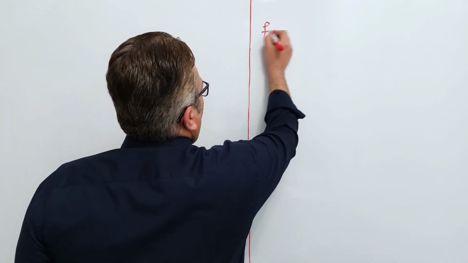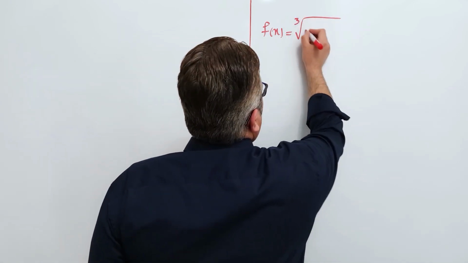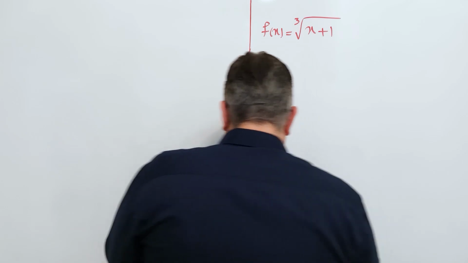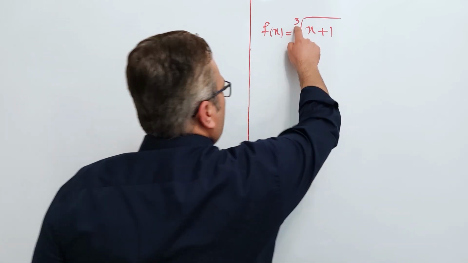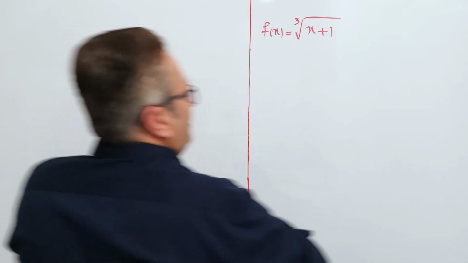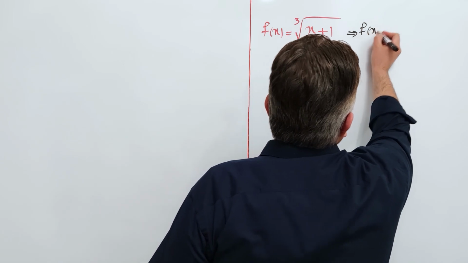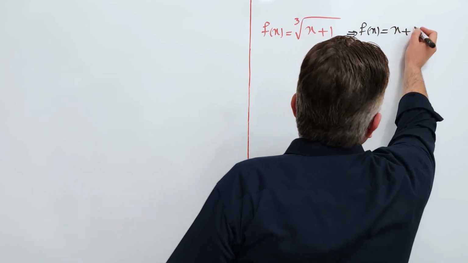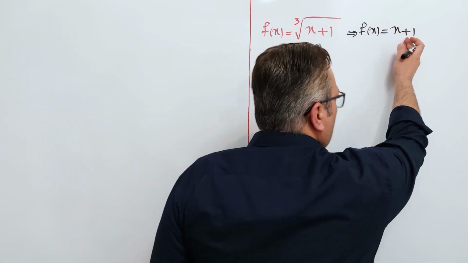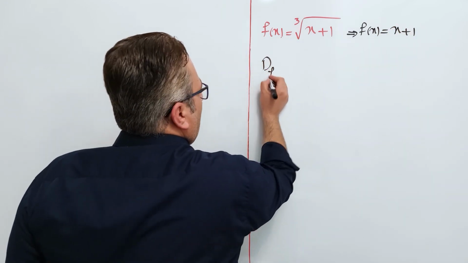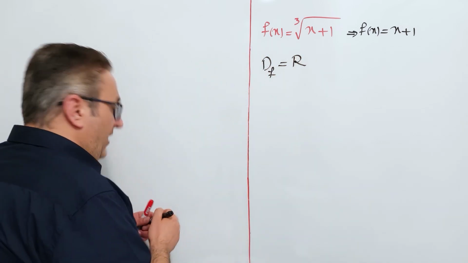So look at this example. If f of x is equal to the cube root of x plus 1, since the index of the radical is odd, we can remove it to determine the domain. So f of x is equal to x plus 1, and it's a polynomial, so the domain of f is all real numbers. Okay?